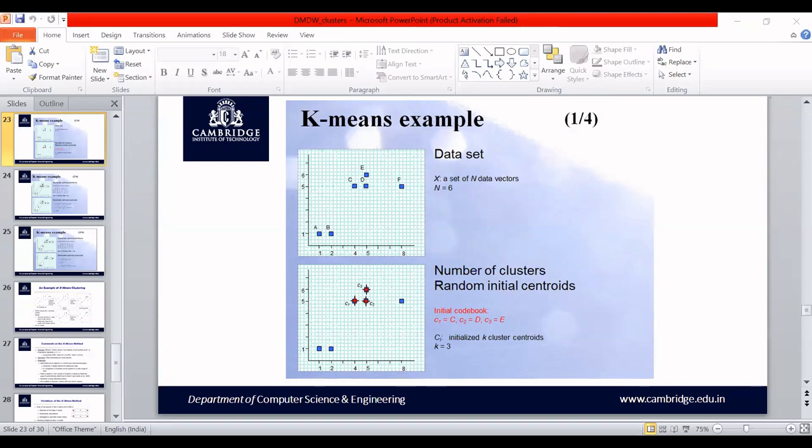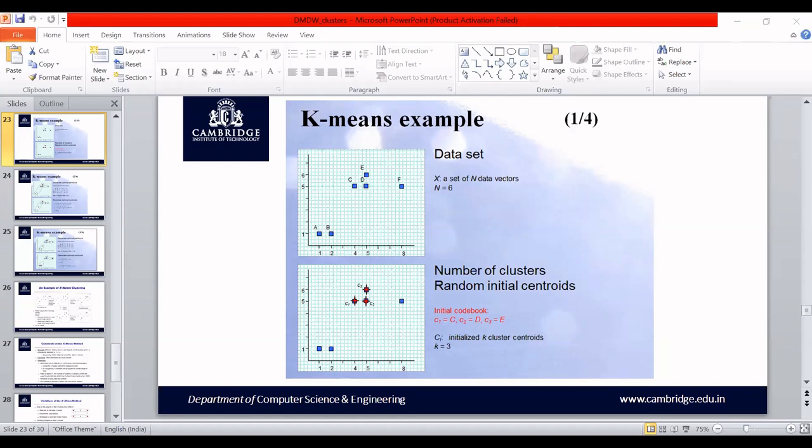Now I will find the minimum square error with respect to the centroid 5.0, 7.0 and the new centroid 1.8 and 2.3. From this it is evident that it is nearer to cluster 2. So your fifth data point is added to cluster 2 and there is no change in cluster 1.